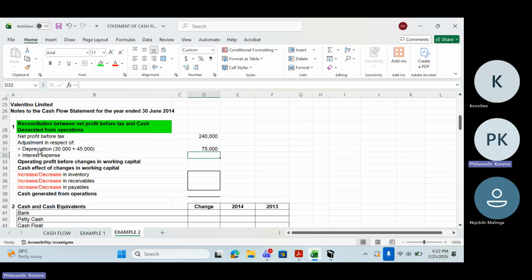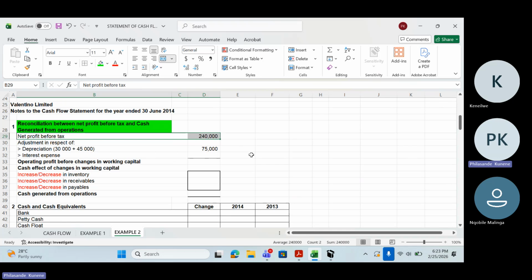We said here we're adding the depreciation, we're adding it back because it is a non-cash item. Remember, from this net profit before tax, depreciation was subtracted here. However, because we know that this is a non-cash item, no cash moved out of the business, we have to cancel it because initially we subtracted this 75,000 to get to this 240,000.